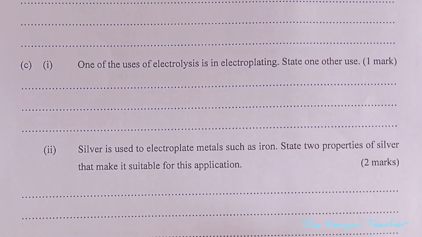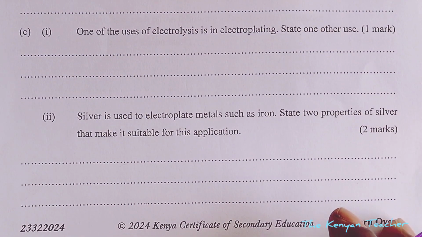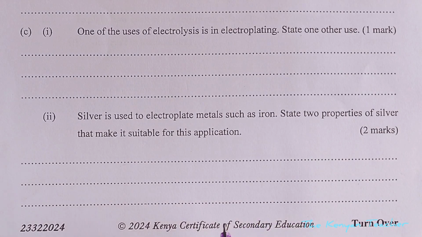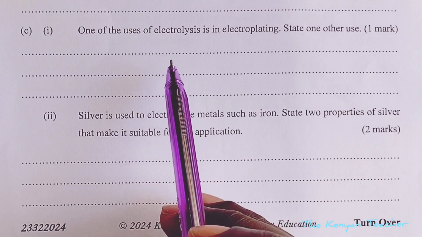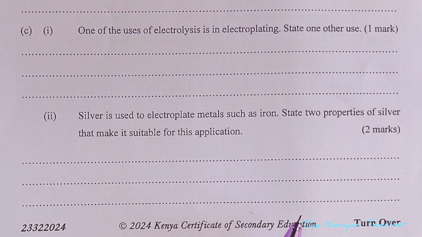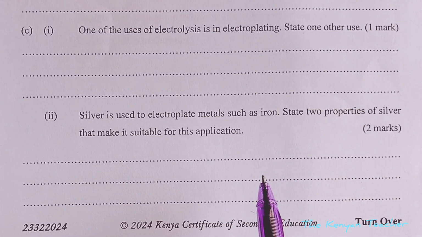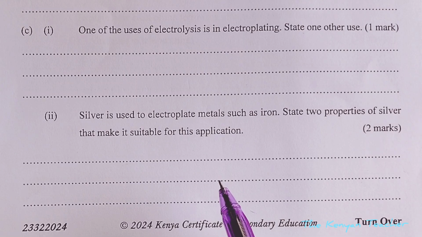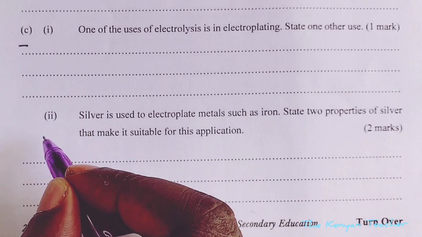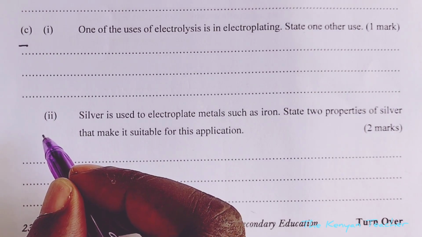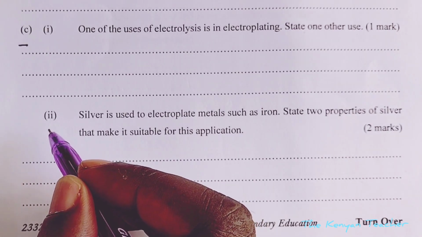In part C, we are told that one of the uses of electrolysis is electroplating. So the examiner expected us to state one other use. Now, electrolysis has so many uses. Let's go ahead and list them here.